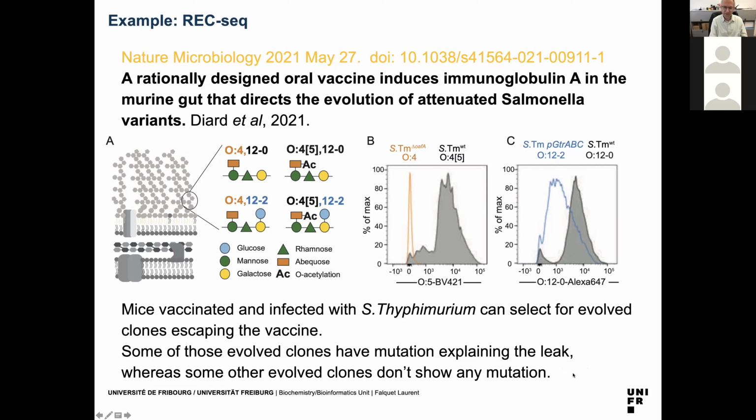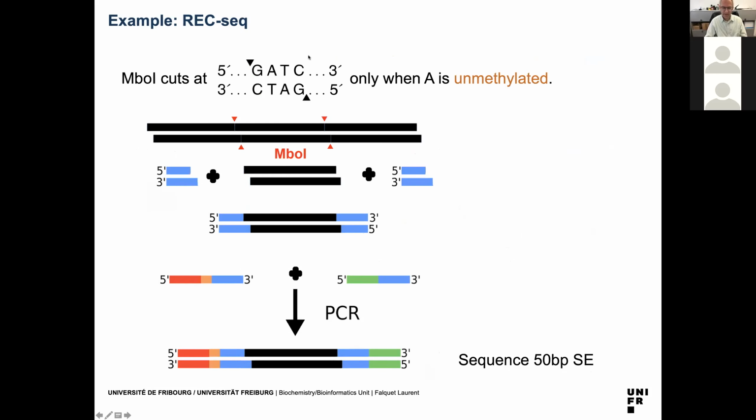And so they were interested to look at potential methylation analysis to see if this could explain the escape of these clones from the vaccine. And for that, we used the restriction enzyme MboI that cuts at GATC locations only when the A is unmethylated.